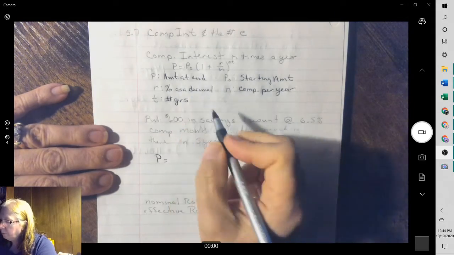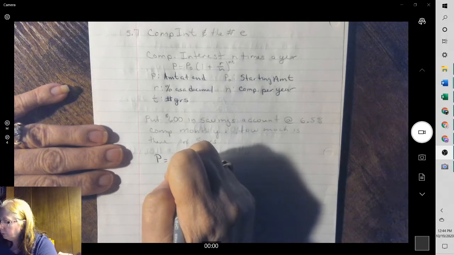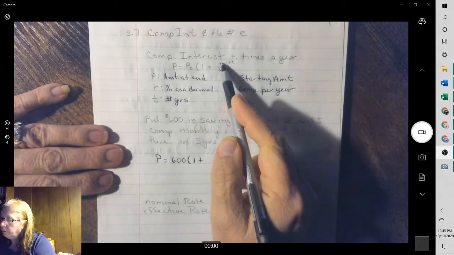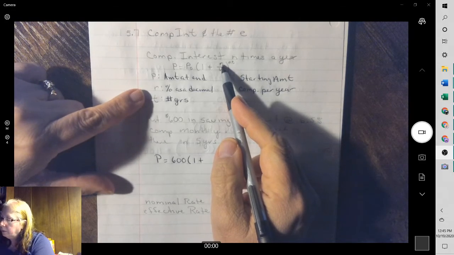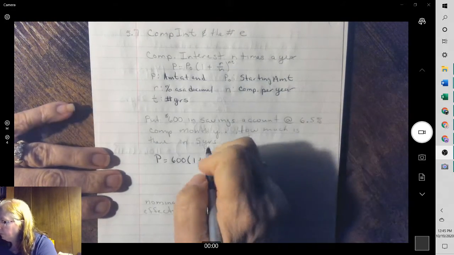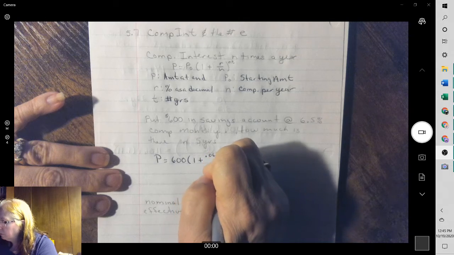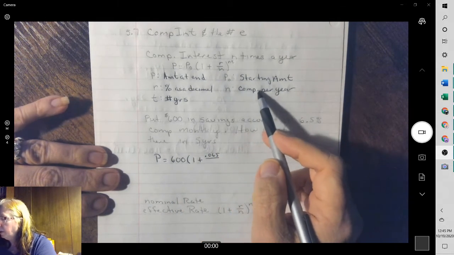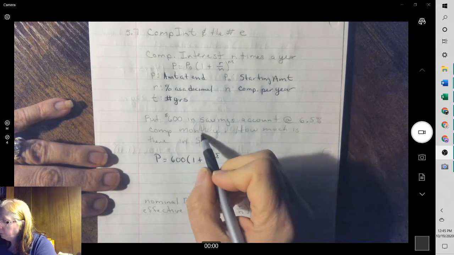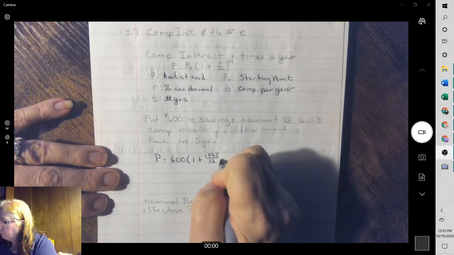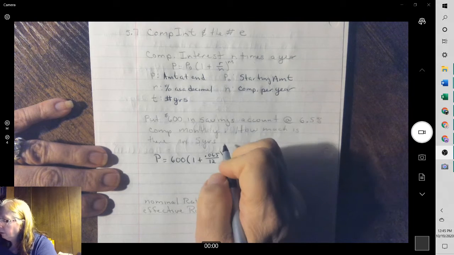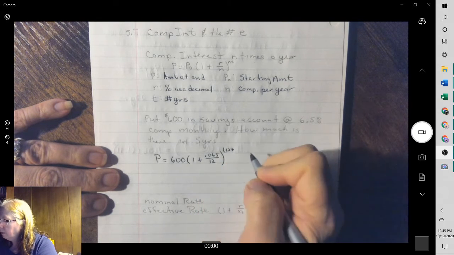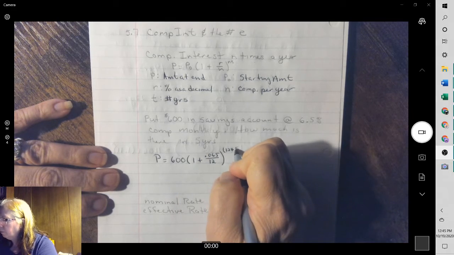The starting amount, we put $600 in. 1 plus our interest rate as a decimal, 0.065, divided by n, which is compoundings per year. If it's monthly, it's 12 in a year. And then our exponent is 12 times the number of years, which in this example was 5.